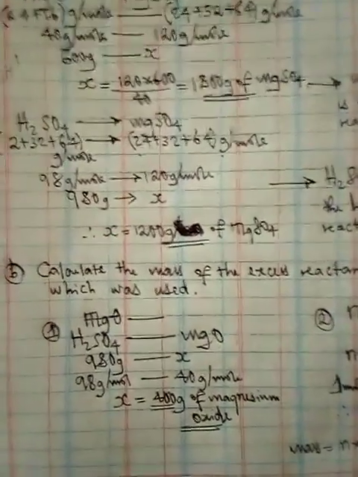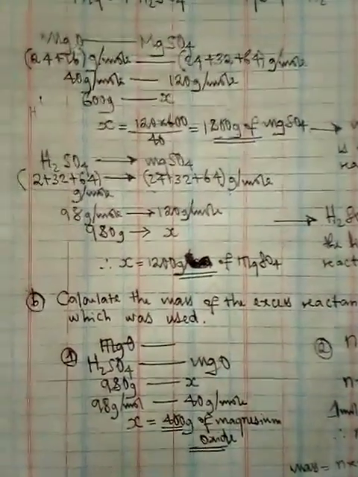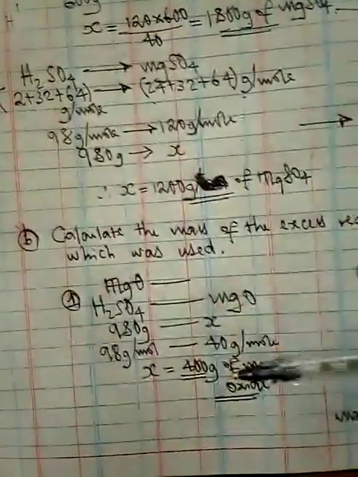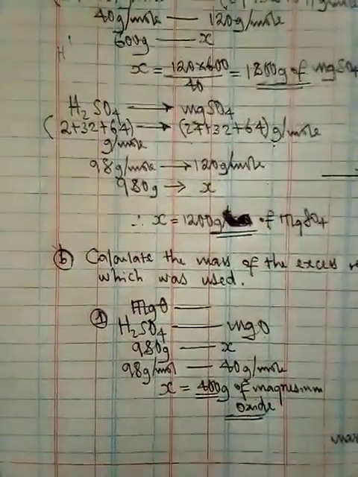So if you are trying to calculate the mass of the excess reactant which had remained, like in the case of the magnesium oxide, it's just going to be the original mass minus the used mass. So it's going to be 600 minus 400, which is now going to give you 200 grams.